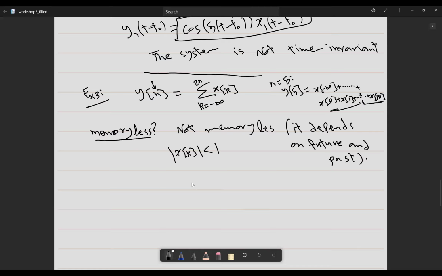There should be a condition that will make the system stable. Otherwise, the system will be unstable. I'll post the solution on the canvas, or I'll send it to the professor and he will post it. Let me just write it here.